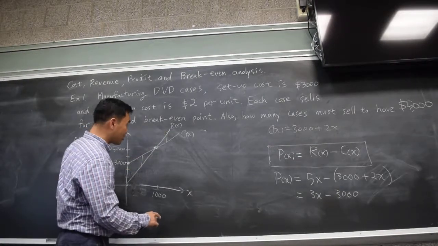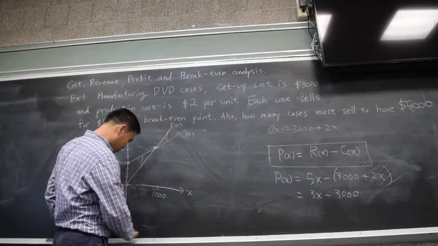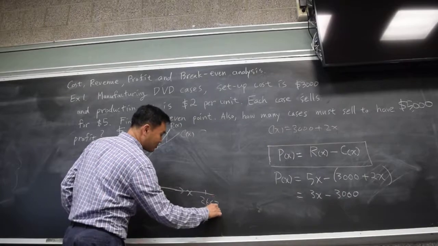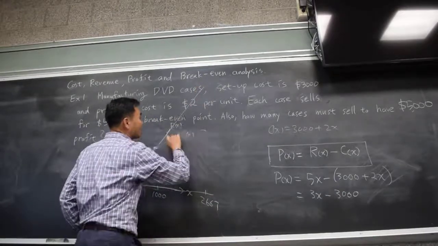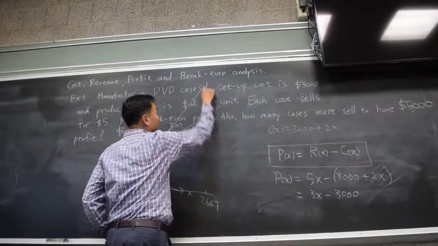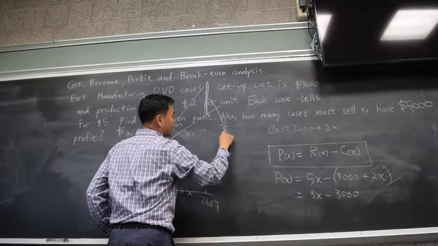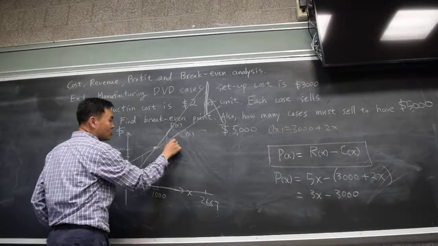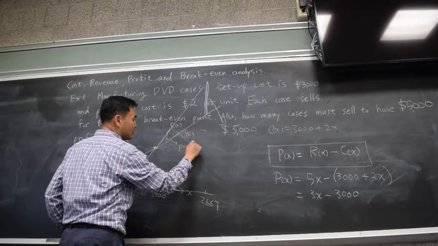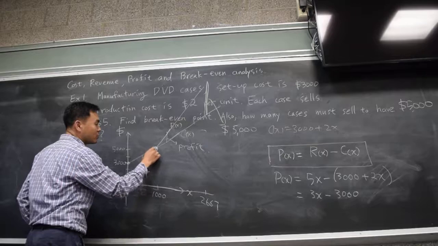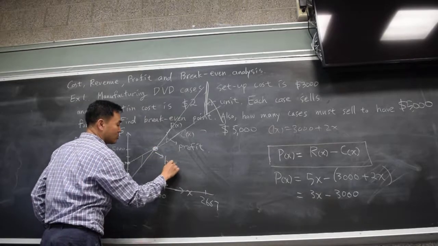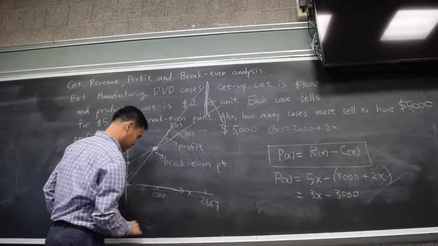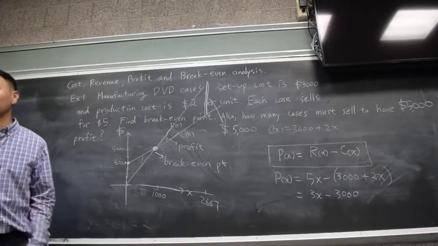So in other words, if you go up to, oh, I should have made the graph larger, but if you have like 2,667 somewhere here, and the graph is like that, then the difference here would be about $5,000. That's your profit. Okay? So this is your profit. And this point here is what we call the break-even point. So the break-even point is like the point of intersection. It's the point of intersection, yes.